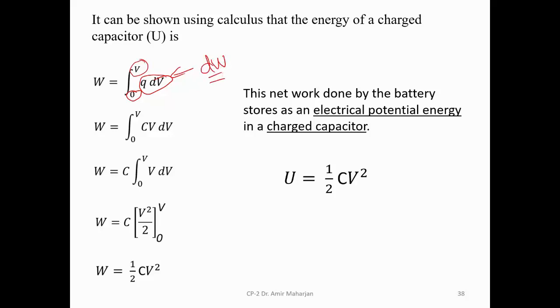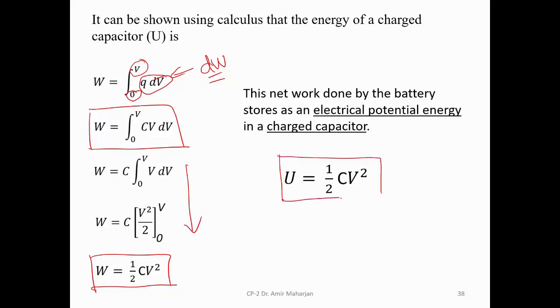To find the total work done, you integrate the small work done, and after some steps you will end up with this. And this work done by the battery is stored as electrical energy, electric potential energy. This is the formula for the energy stored in a charged capacitor: 1/2 CV square. C is the capacitance, V is the potential difference or voltage between the two plates.